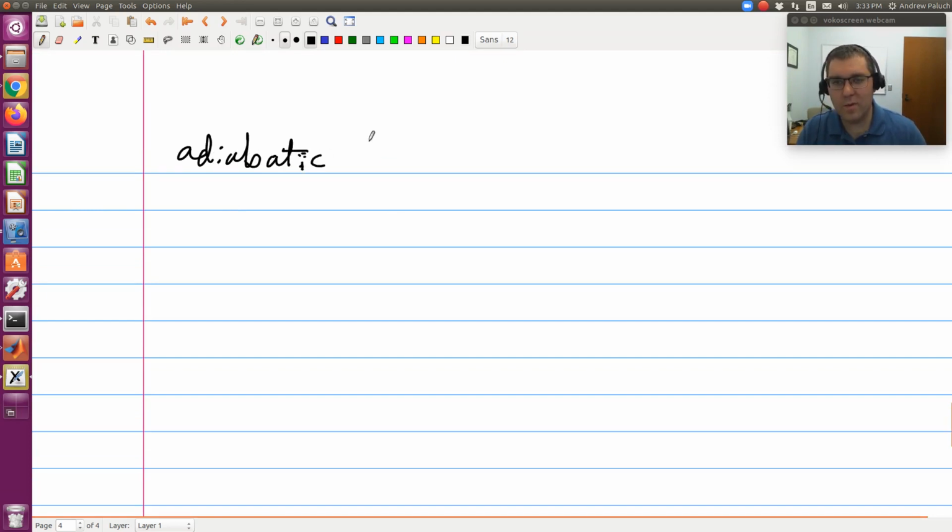Again, we'll have a system in which say we're at T1 and P1, and we'll perform some work or have some work done on us, so maybe it's a compression or expansion process until we get to a final state at some P2. Adiabatic means that Q is equal to 0.